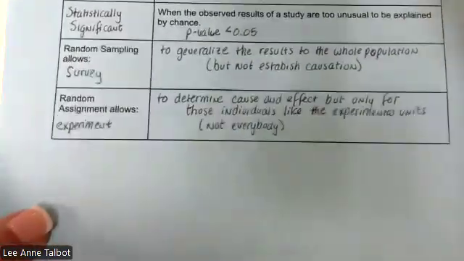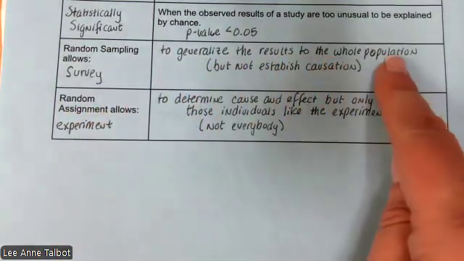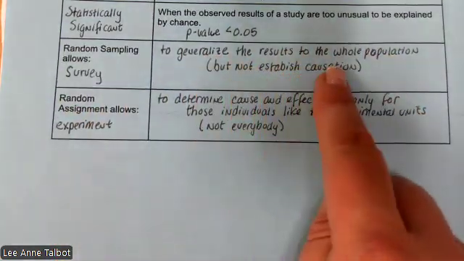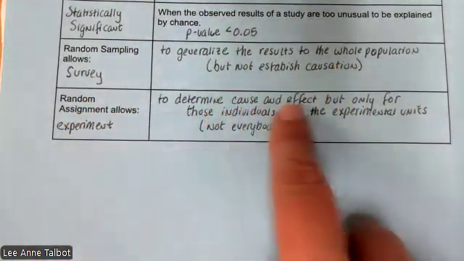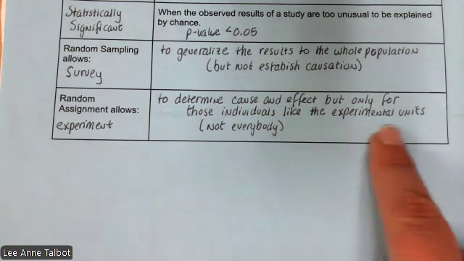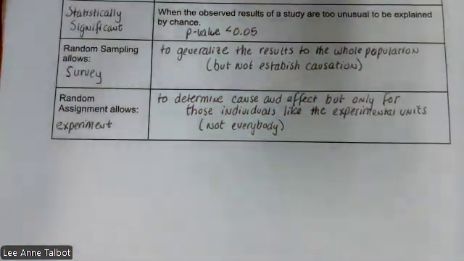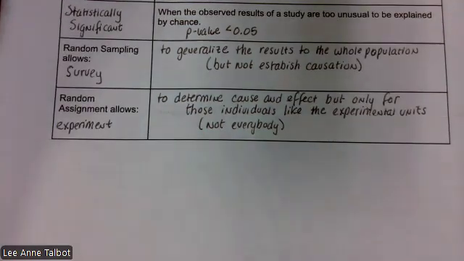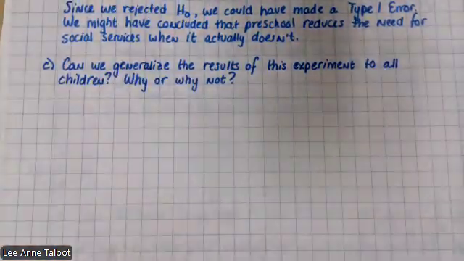Random sampling allows us to generalize the results to the whole population, but not establish causation. Random assignment allows us to determine cause and effect, but only for those individuals like those experimental units. Okay, what did this problem have? Random assignment. So can we generalize the results of this experiment to all children? No.